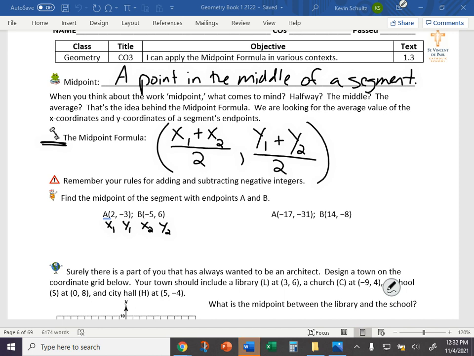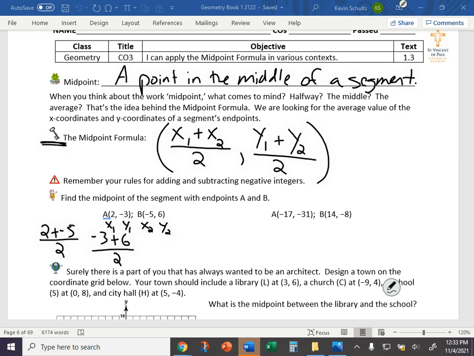The average of our x values, 2 plus negative 5, divided by 2. And the average of our y values, negative 3 plus 6, divided by 2. What does that give us?